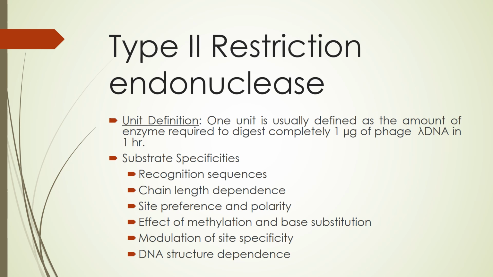Now comes the chain length dependence. This enzyme cuts the restriction site with a preference for either a smaller or larger size of polynucleotide depending on the ionic strength of the medium.